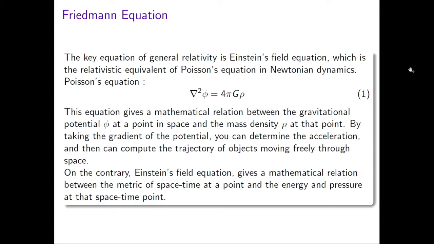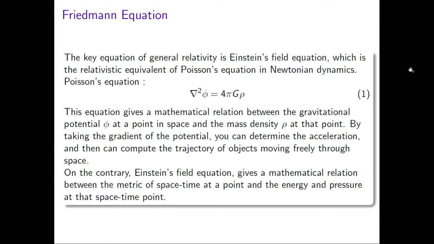Now let's move on to the Friedman equation. That is one of the most essential equations in cosmology. Actually, the curvature of the universe was not first thought about by Einstein. It was first thought about by a scientist called Nikolai Ivanovich Lobachevsky.